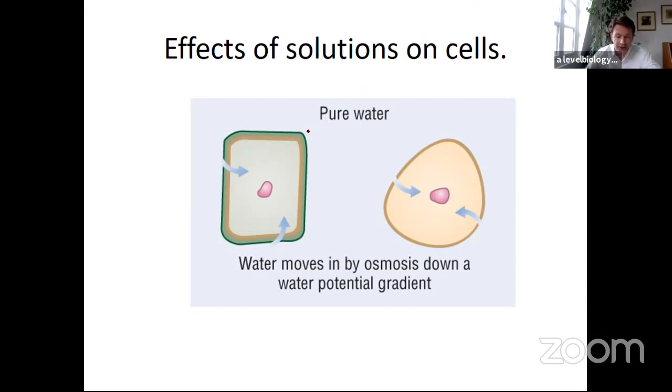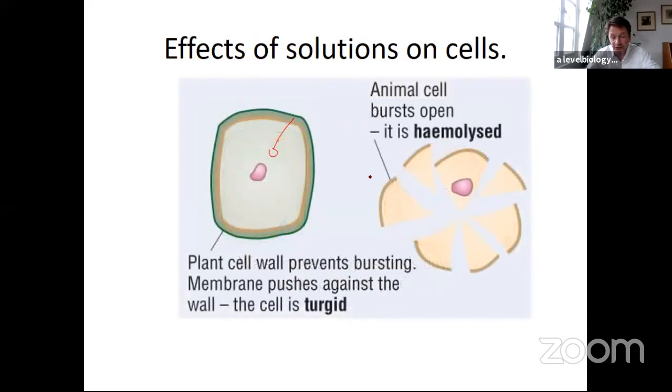Okay, so we've put it into pure water. Water's going to move in and you'll get a psi P. An animal cell will burst. If it's a red blood cell, it will be hemolyzed. But within a plant cell, the pressure potential psi P placed back onto the contents will prevent the plant cell from bursting.